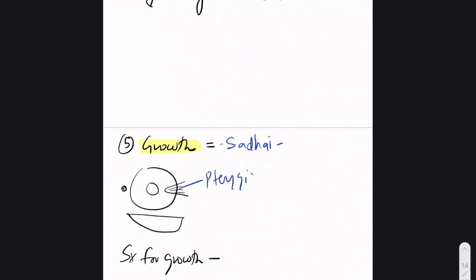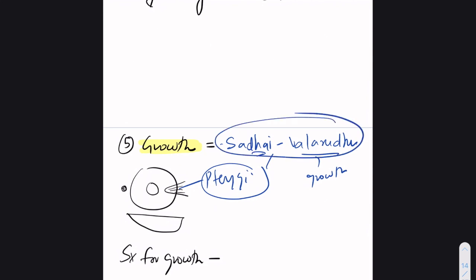Sadai or a growth. Some people use them interchangeably, but just know that pterygium is very specific. They typically come with the history sadai valaradu. Sadai means growth. Valaradu means it's growing. You know, some kind of a mass, some kind of a muscle is growing on my eye. So sadai valaradu. That will be their complaint.